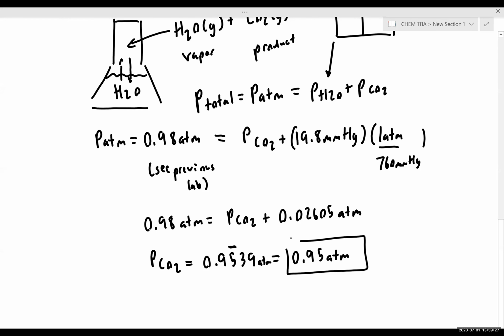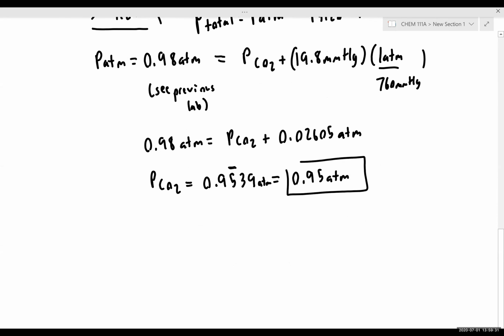So this is the pressure of carbon dioxide. The volume of carbon dioxide will be measured. The pressure of carbon dioxide we found was 0.95 atmospheres. The temperature of carbon dioxide is going to be equal to the temperature of water.